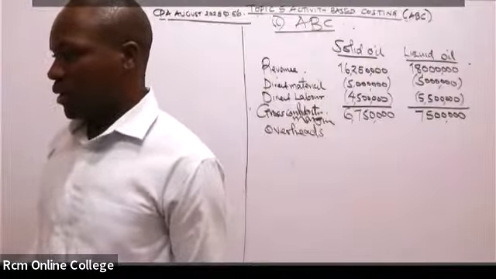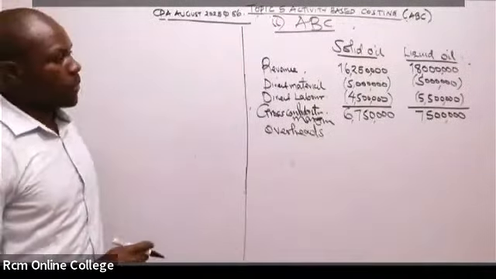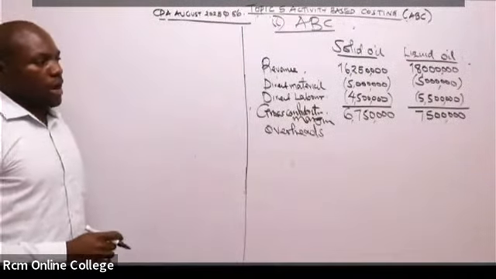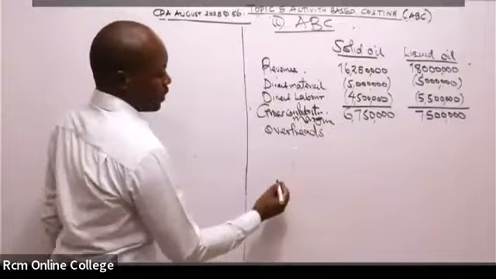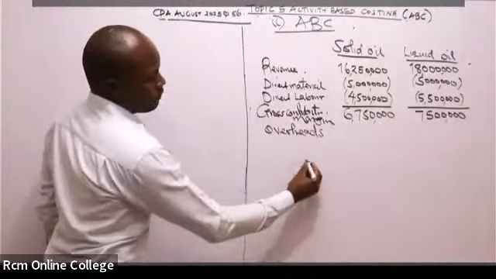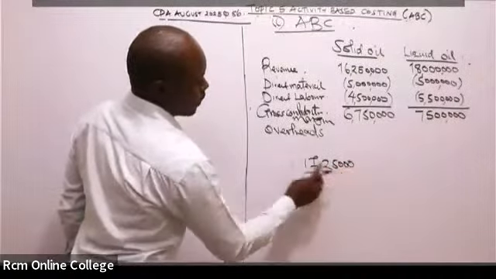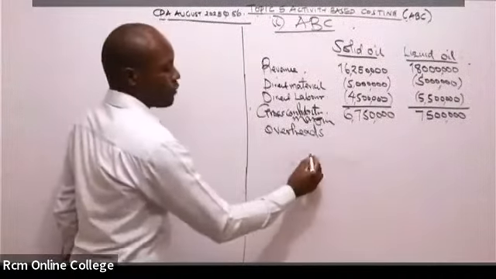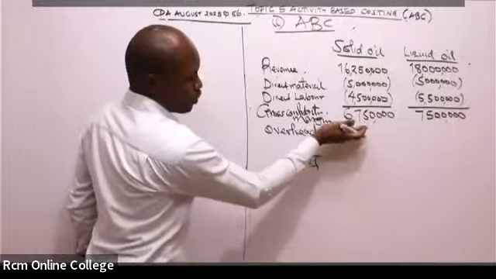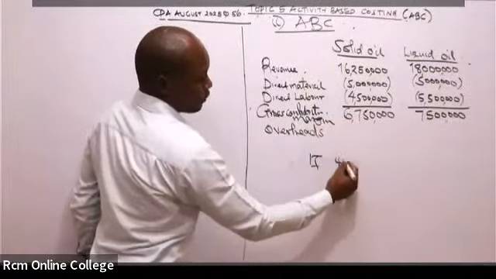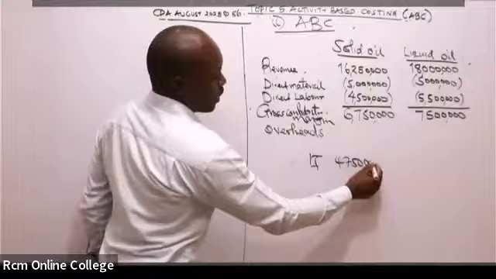Why 190? Really? Why 190? Let me start with the profit. If we've deducted 2,000 to 2 million, giving us 4,750,000 as the profit.